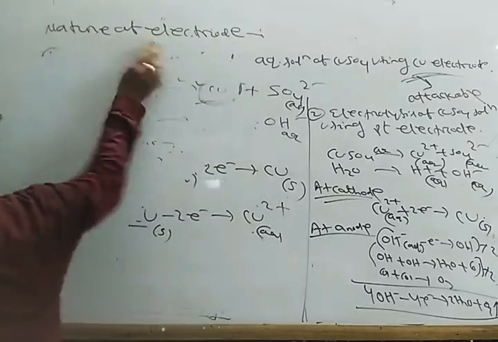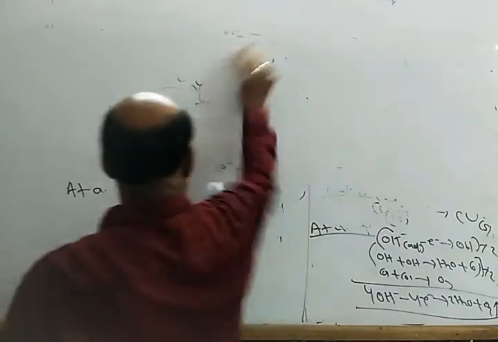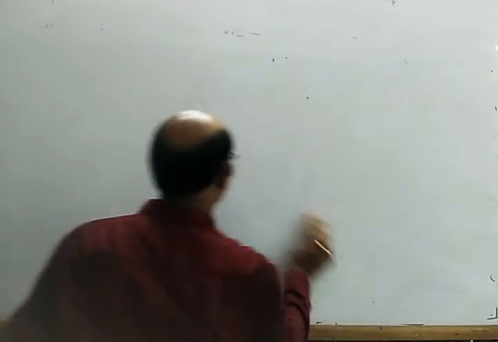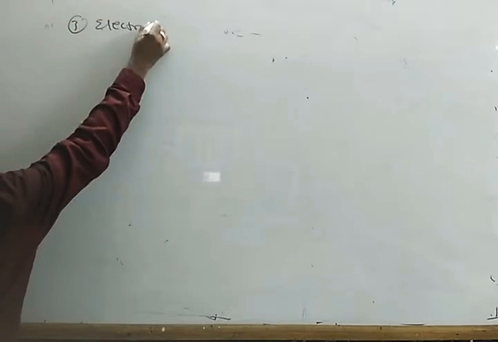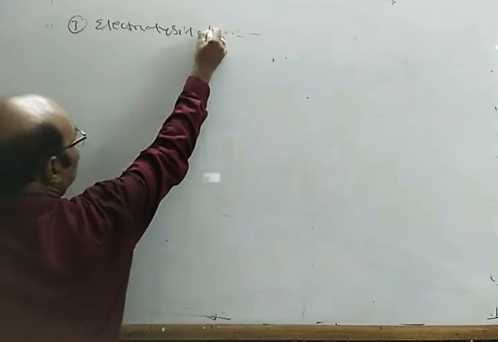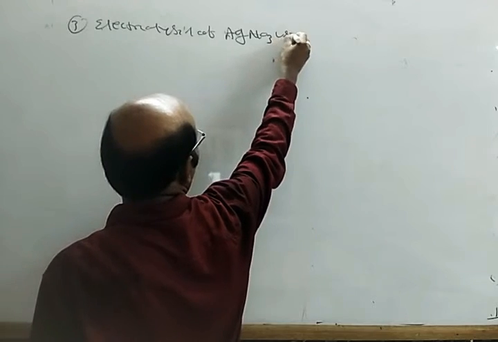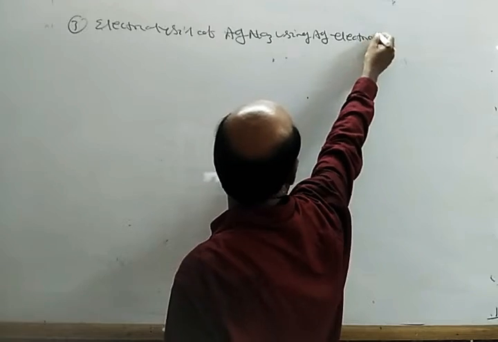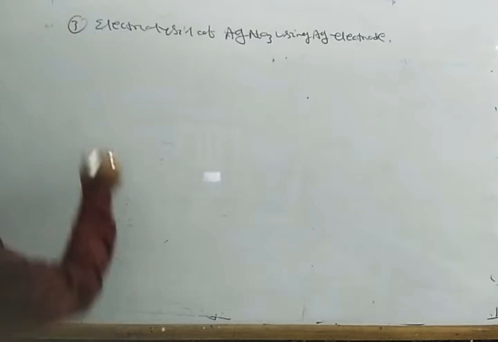So using a silver electrode and using a non-attackable electrode. Now see, if I take electrolysis of silver nitrate using silver electrode, what will happen?